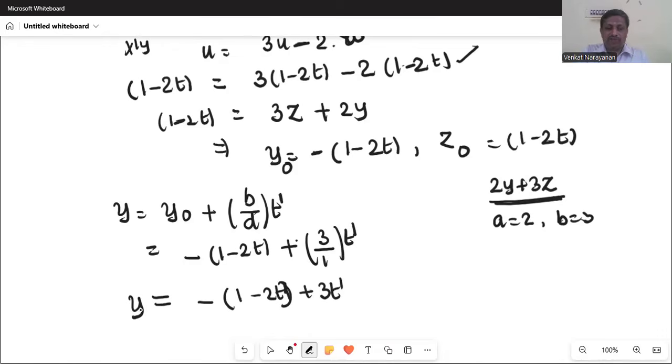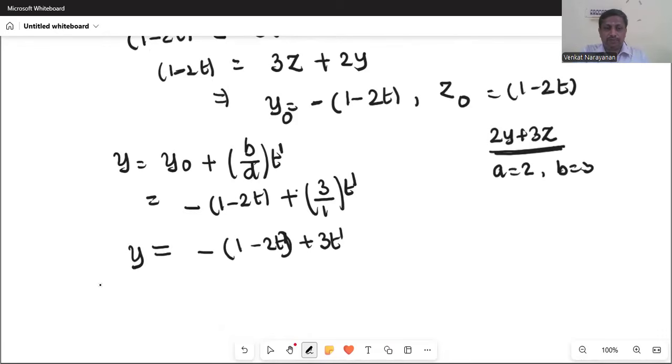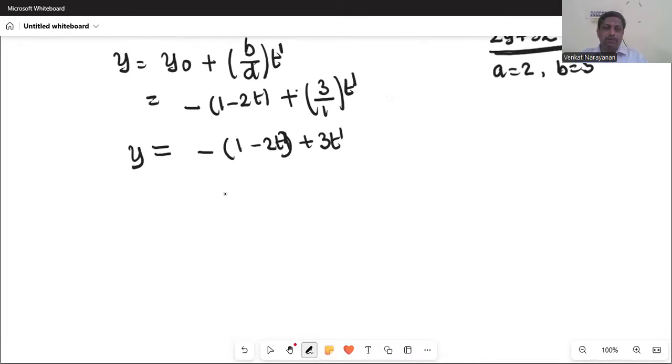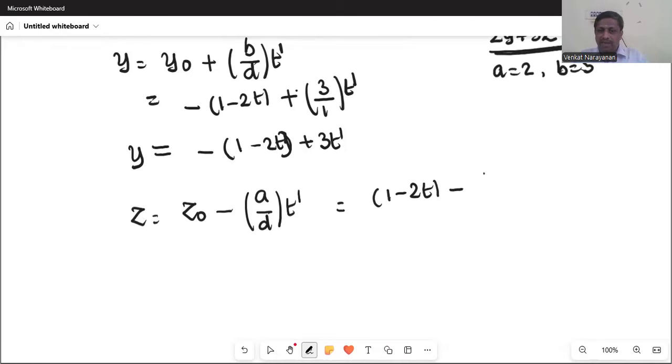Next, we can find the z value. z is equal to z naught minus a by d into t dash. That is z naught value is 1 minus 2t, minus a, a is 2 by 1, times t dash, which is 1 into t dash. That answer is 1 minus 2t minus 2t dash.